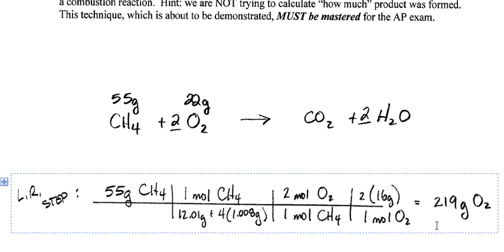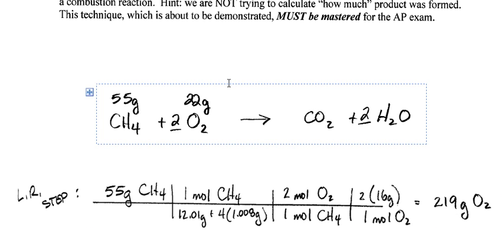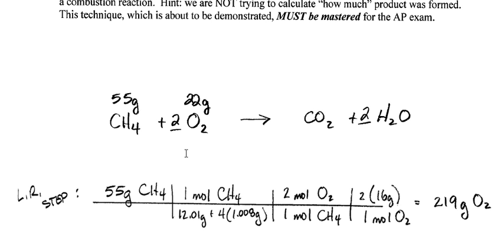The question you should ask yourself is, is it possible for all 55 grams of the methane to get consumed? Well, I would need 219 grams of oxygen. I only have 22. So, based on this information, who is the limiting reactant?